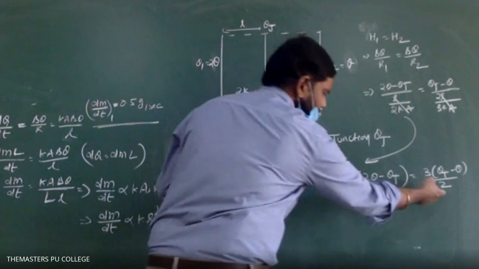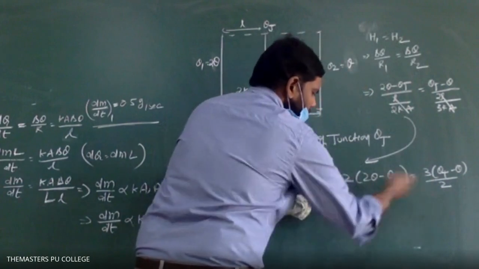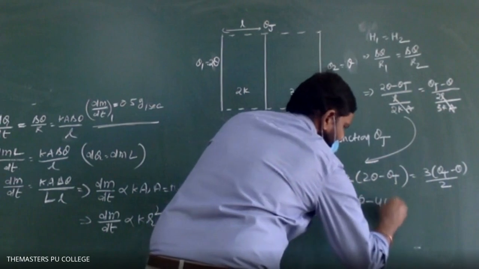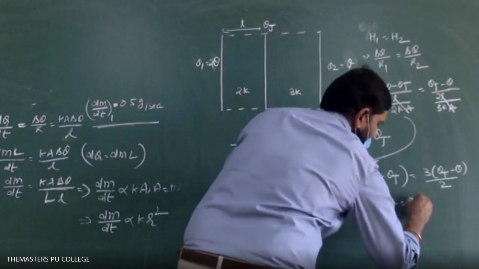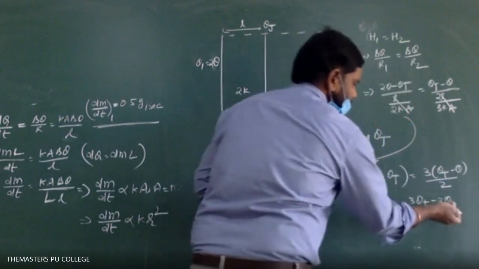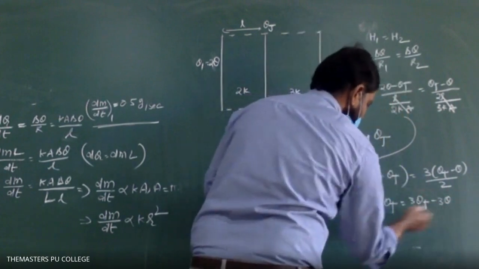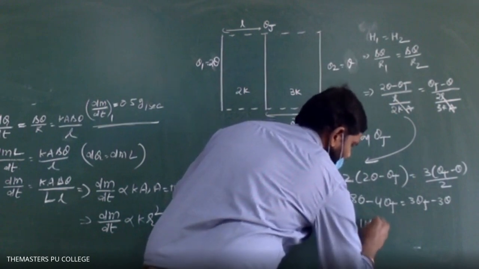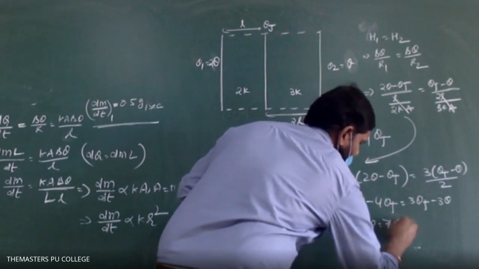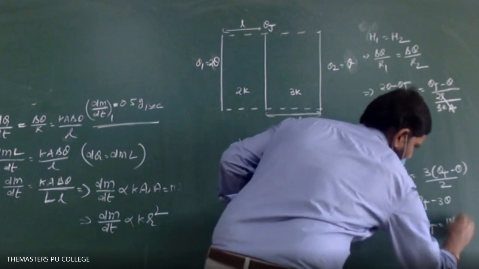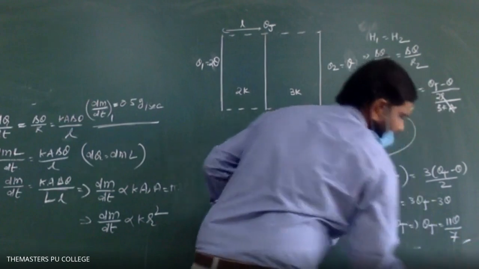Cross multiplying, 2 into 2 becomes 4, 4 twos are 8. 8 theta minus 4 theta j equals 3 theta j minus 3 theta. Taking terms to either side, 11 theta equals 7 theta j. That implies theta j is equal to 11 theta by 7. Is there such an option?